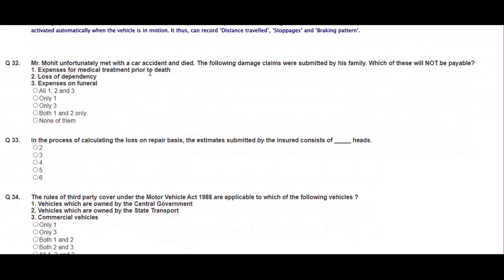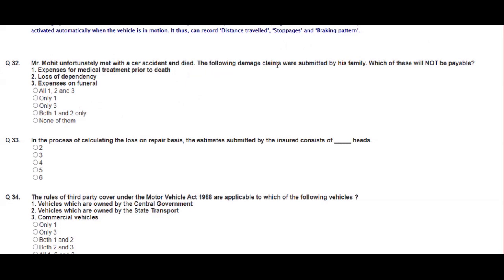Mr. Mohit unfortunately met with a car accident and died. The following damages claims were submitted by his family; which of them will not be payable? Clearly, read the question once again. Mr. Mohit unfortunately met with an accident and he was dead.